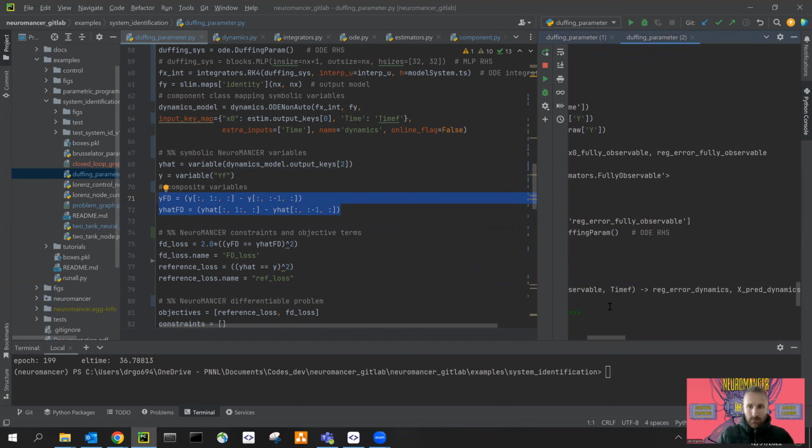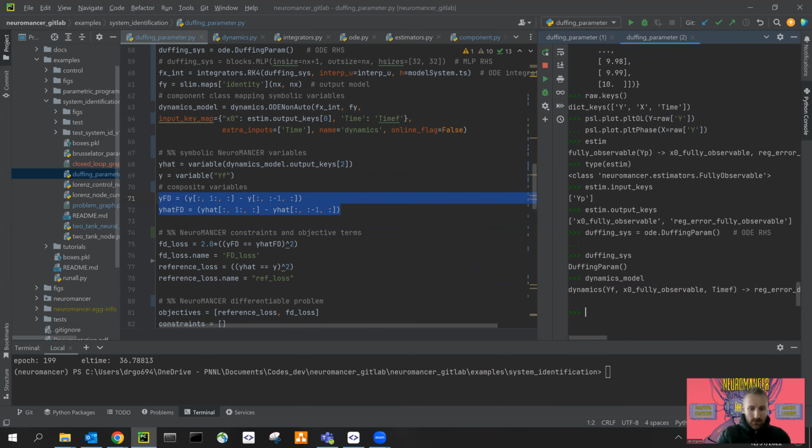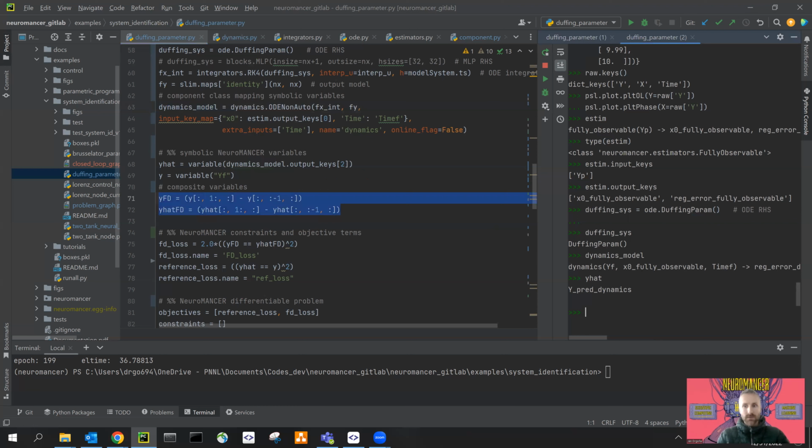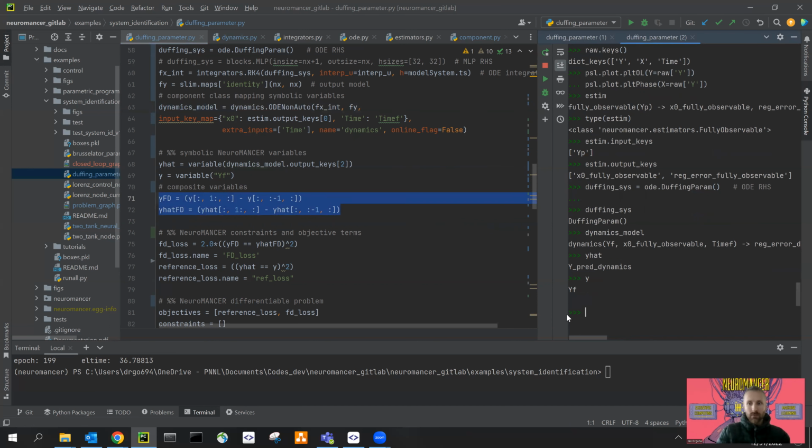So here, my y hat is the variable that will be looking in the dictionary of tensor values for this specific key to provide you with the tensor values that correspond to the predictions of the dynamics model.